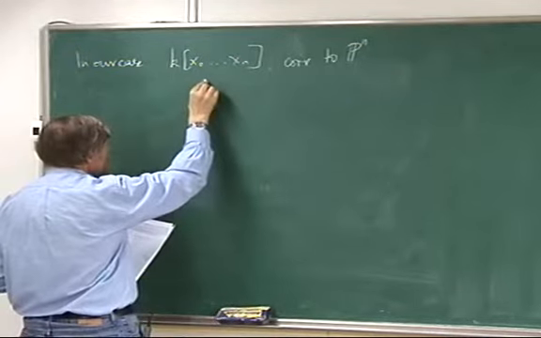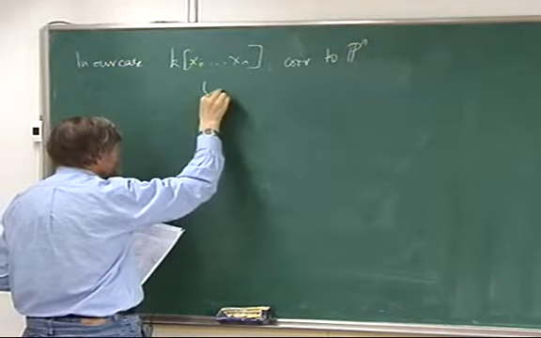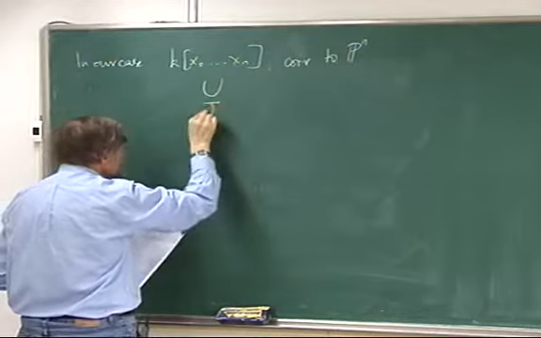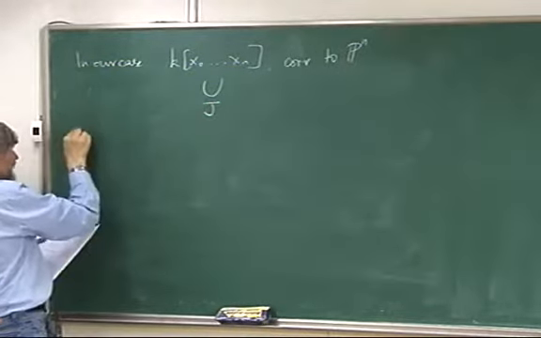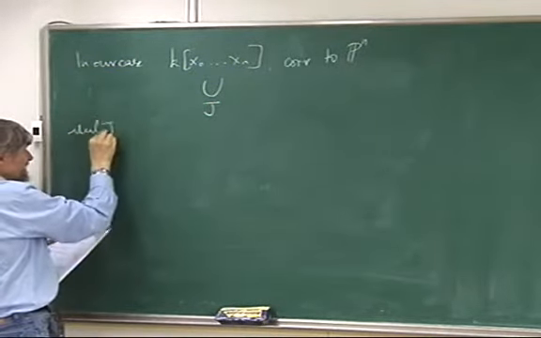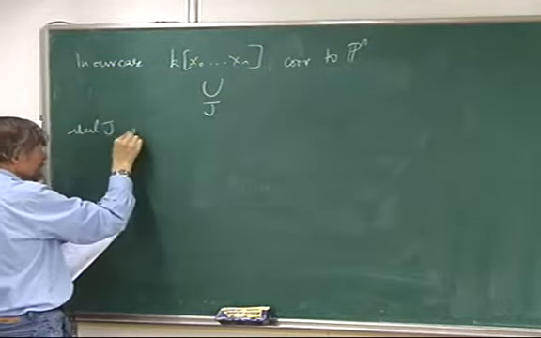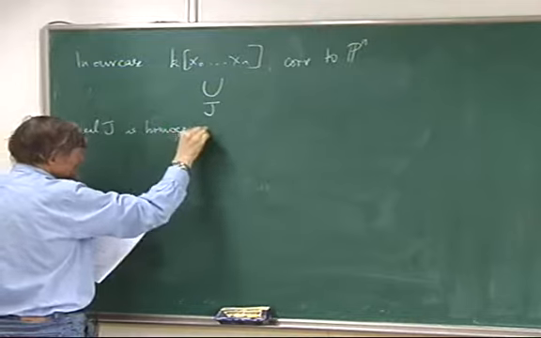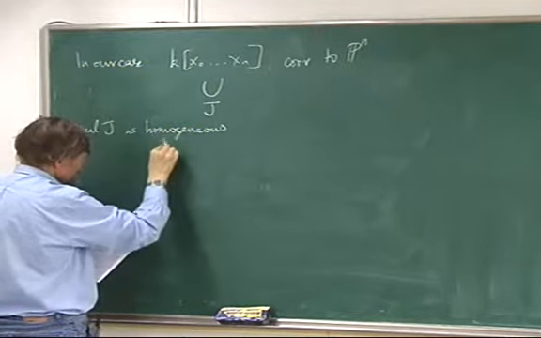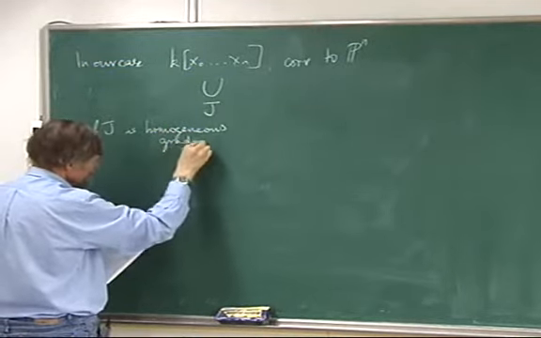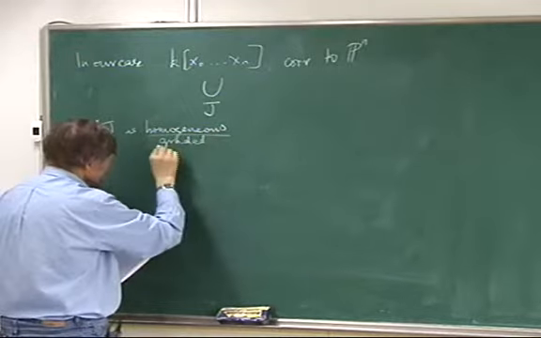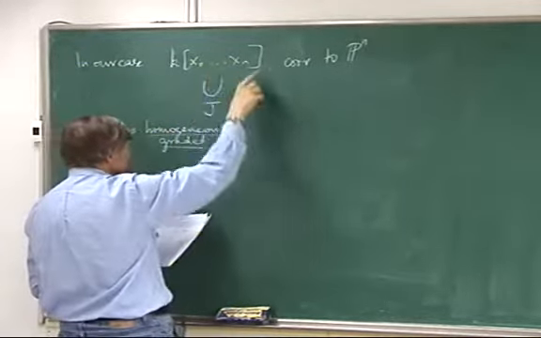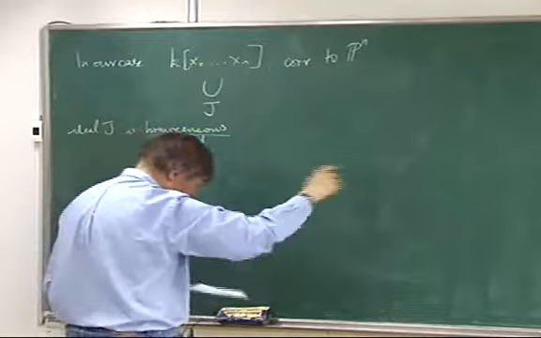So if I've got an ideal J in there, J is homogeneous, or again we could say graded, but I tend to say graded ring and homogeneous ideal. This ring already has this structure of a graded ring.